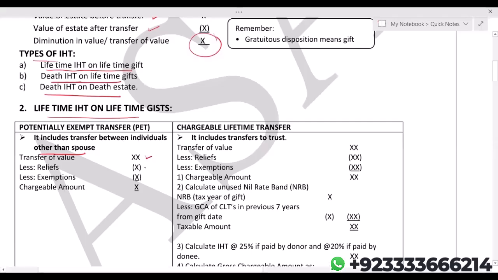Transfer value, less if you have any reliefs. Basically, let's say simply the annual exempt amount. Then exemptions, it could be marriage exemptions. Finally, you will have the chargeable amount.